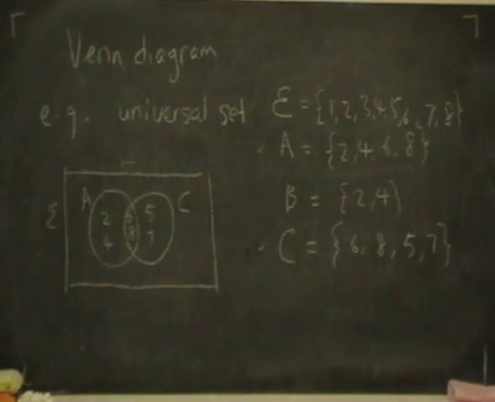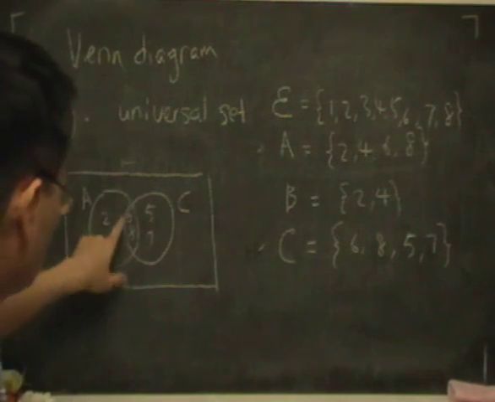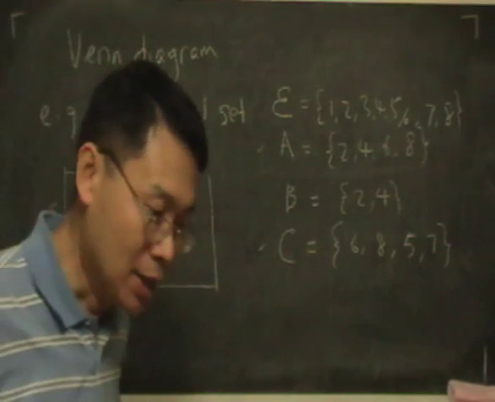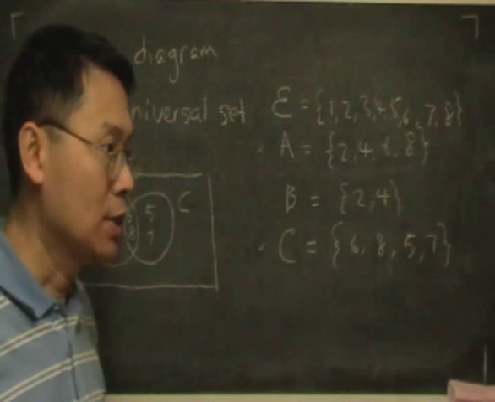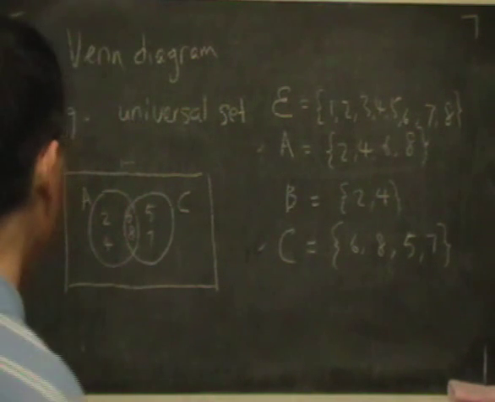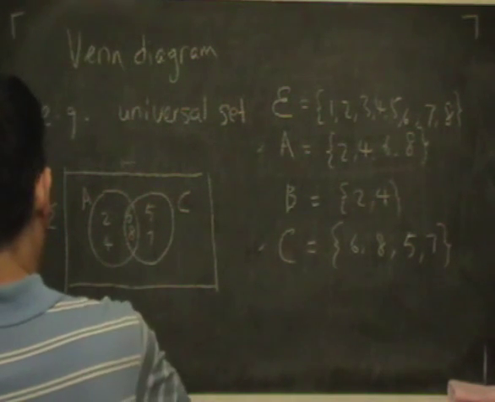Now, you notice that there is this overlapping region here. Now there is a symbol for that. It is called intersection. Let me write that down.